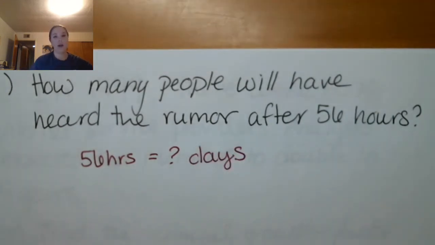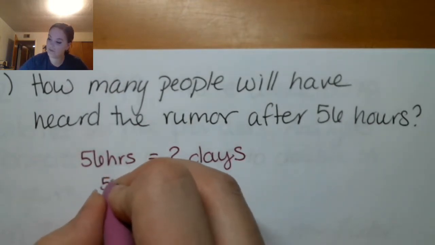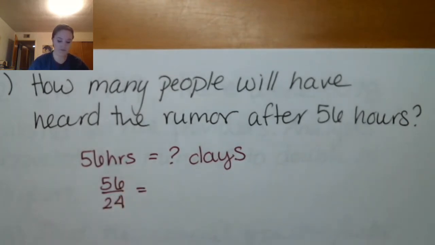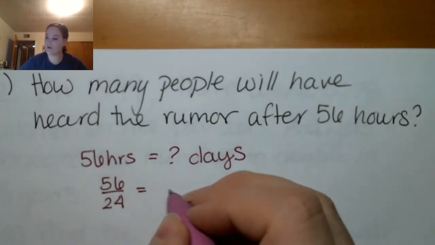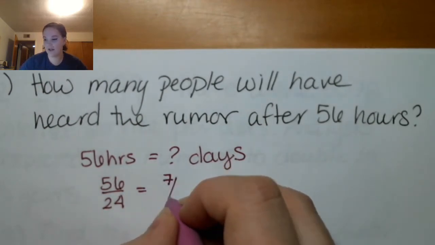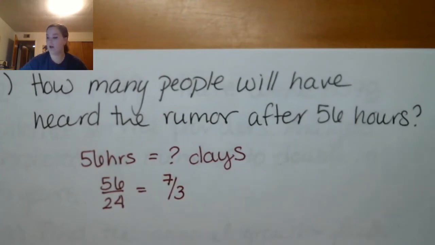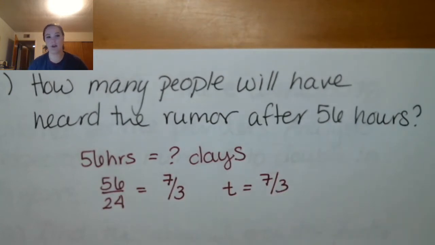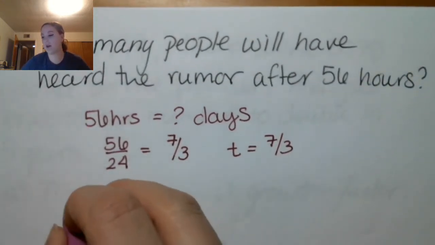Well, 1 day is 24 hours, so we can take 56 and divide it by 24. These are both divisible by 8, so we would get 7/3. So we're looking at t equals 7/3 here.